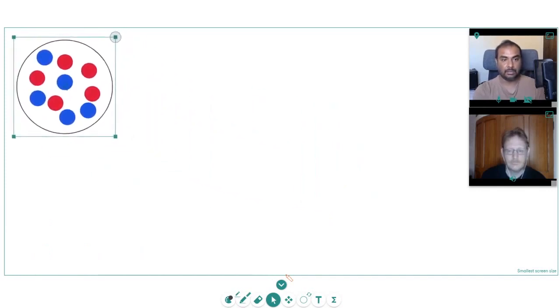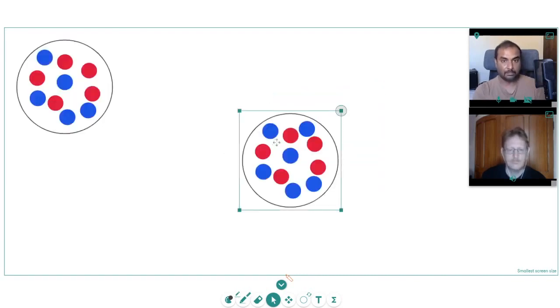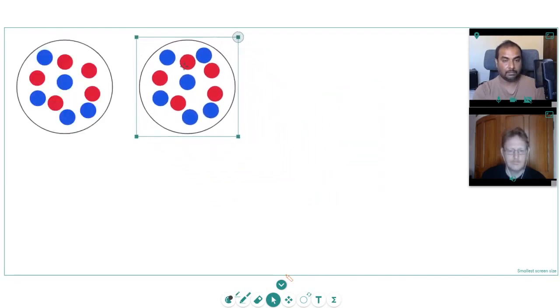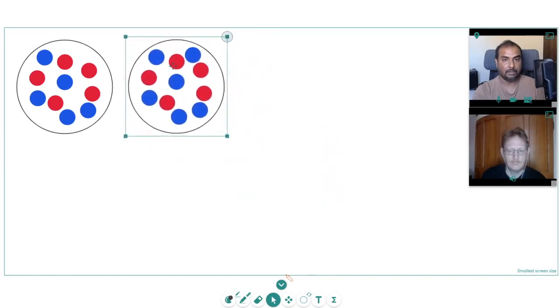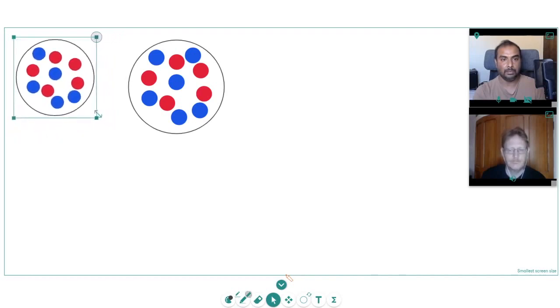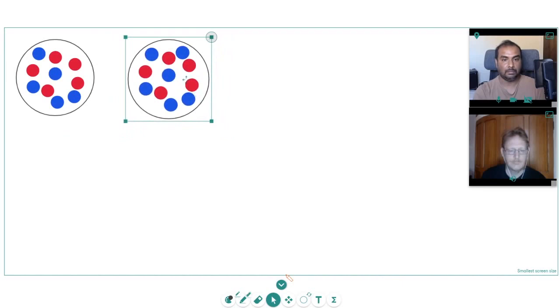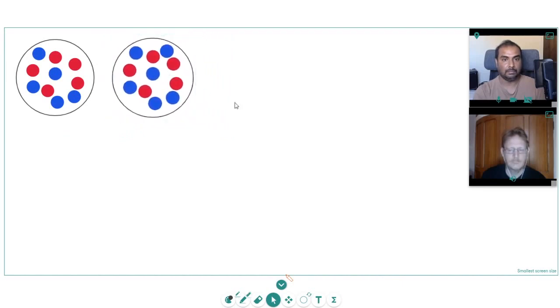So boron-10 and a lot more of boron-11. Okay, I'm just going to make them a little bit smaller so we can work with them. Boron-10. All right, so boron-10, boron-11.